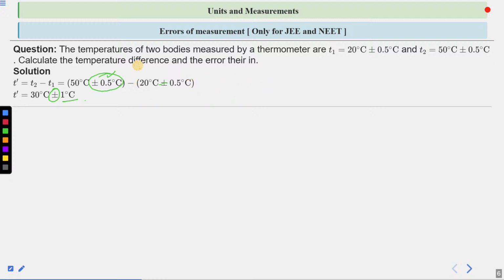Here we solve: 50 degrees Celsius minus 20 degrees Celsius is 30 degrees Celsius. Now for the calculation of the absolute error, 0.5 degrees Celsius and 0.5 degrees Celsius, when we open the bracket, the sign will be changed. So it will be minus plus.